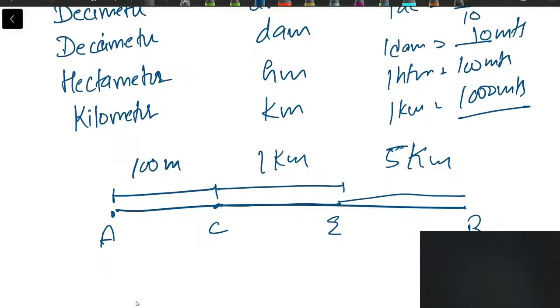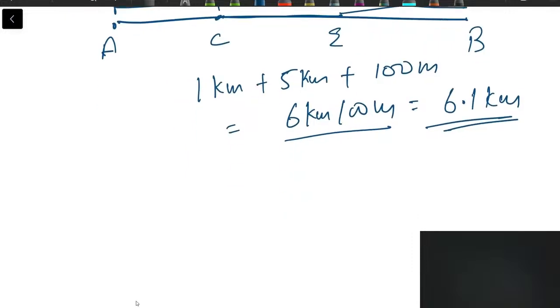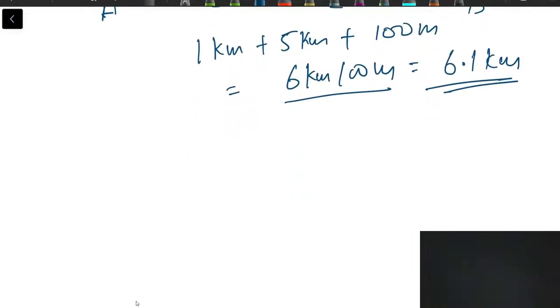So the total distance is 1 kilometer plus 5 kilometers plus 100 meters, which is 6 kilometers and 100 meters. If you want to represent this in decimal, it is 6.1 kilometers. Understood.